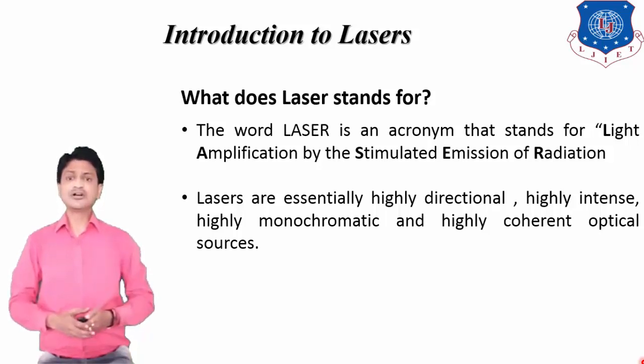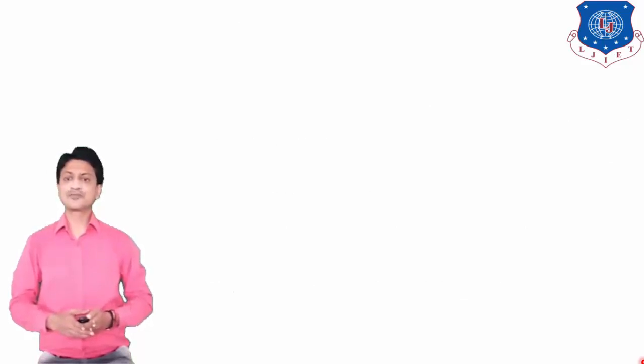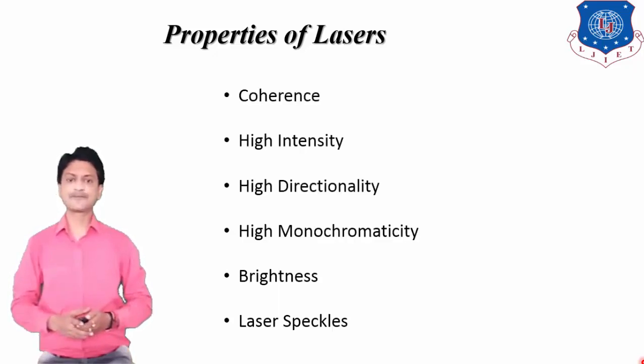Now coming to the next topic, that is properties of laser, or we can say characteristics of laser. We will start with the first characteristic, that is coherence. The waves which are identical in phase and direction are known as coherent waves.